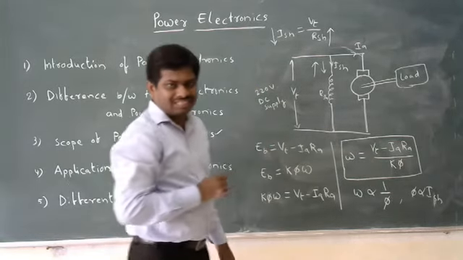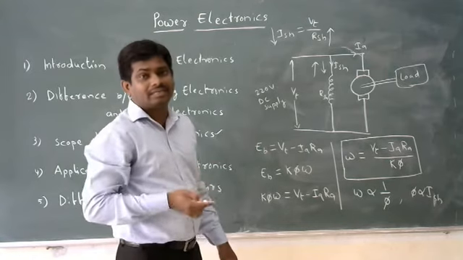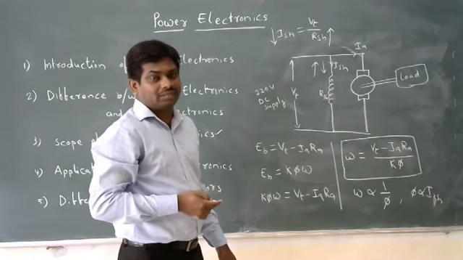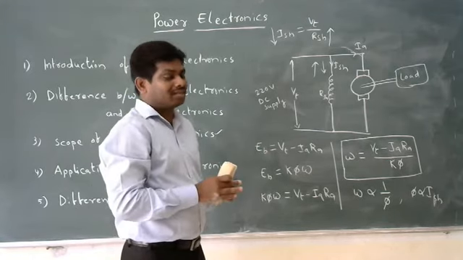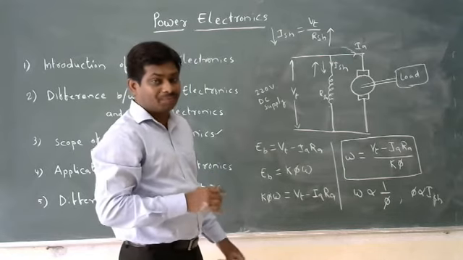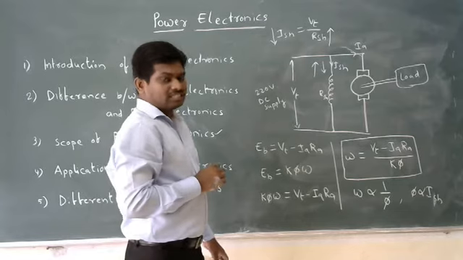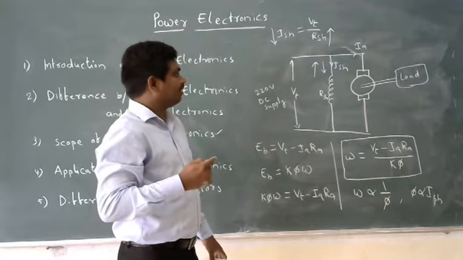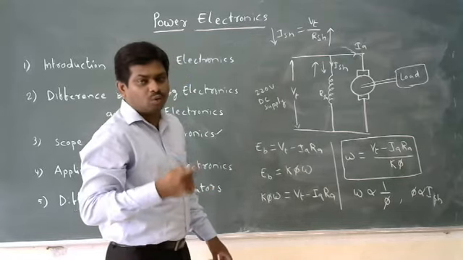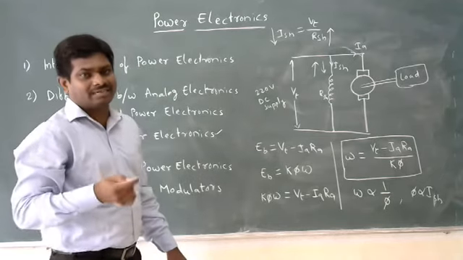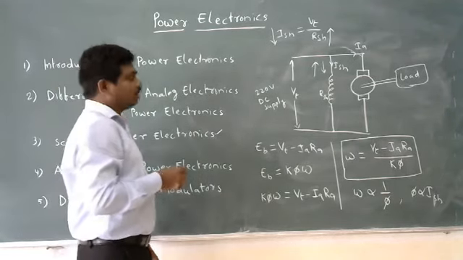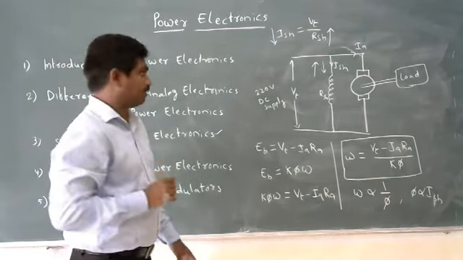Due to that, what is the disadvantage? If we add external resistance to the existing resistance, the ohmic losses are going to increase. That is the first disadvantage. If the ohmic loss increases, it is going to reduce the efficiency of the system.